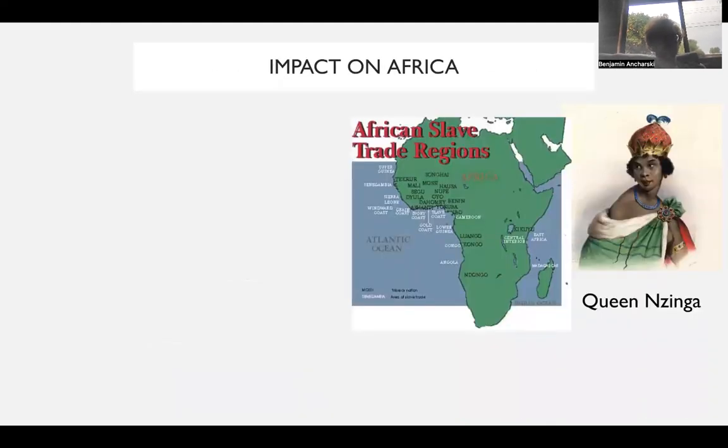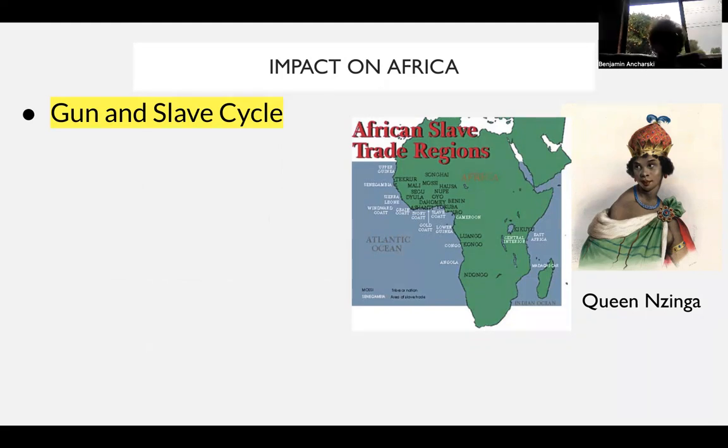But another big thing to understand about the transatlantic slave trade is its impact on Africa itself. And we're going to first explore this idea of the guns and slaves cycle, because essentially, as we looked at earlier, how these slaves were gotten was through warfare, through wars that were intended to get slaves to sell for guns.